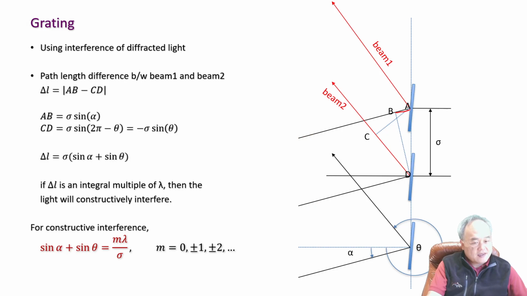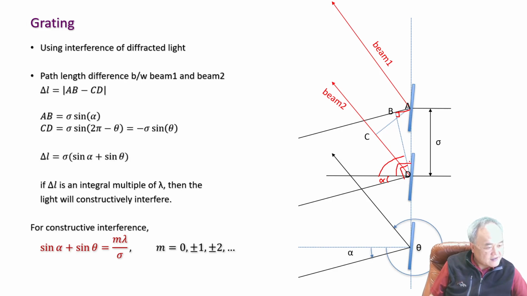When you measure this length AB, think about this right angle, and this is also alpha. This other one is also a right angle, so this is 90 minus alpha. From here to there is also a right angle, so eventually this angle is alpha. That means the path length between A and B is sigma times sine alpha.